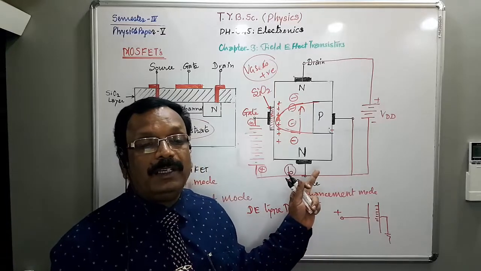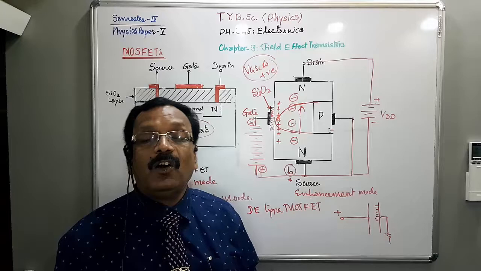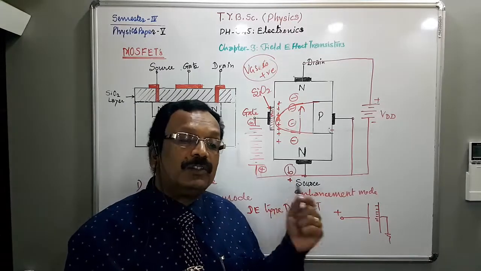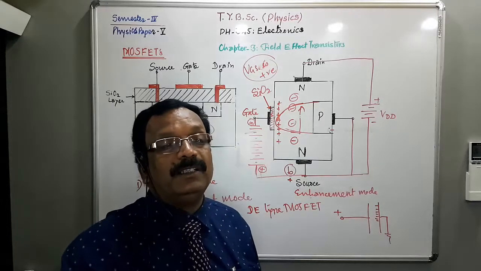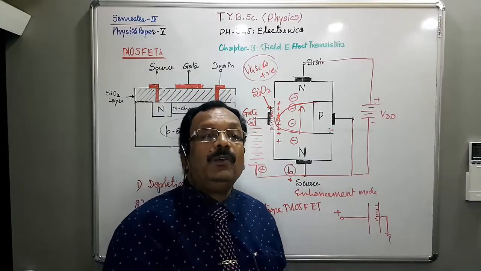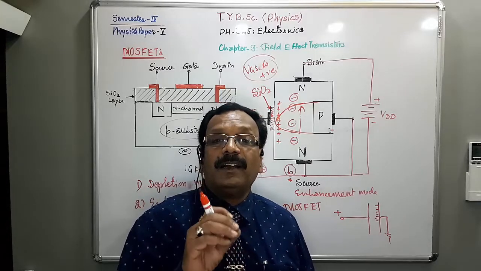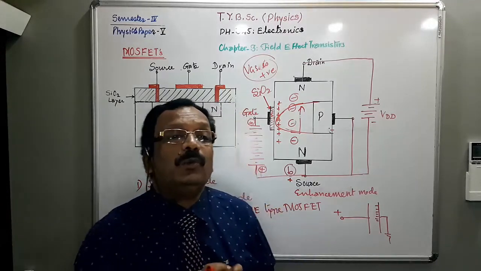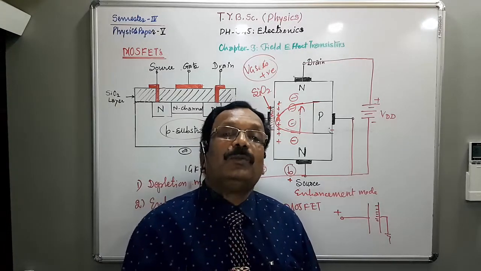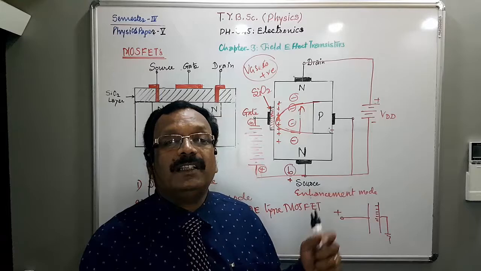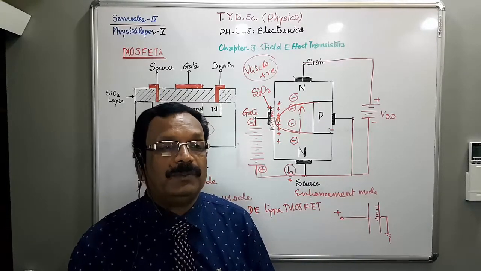The negative gate voltage depletes the N-type channel of free electrons, and because of this, the negative operation is called depletion mode. It should be noted that the depletion type N channel MOSFET can conduct even if the gate-to-source voltage, VGS, is zero, and because of this it is commonly known as a normally on MOSFET.